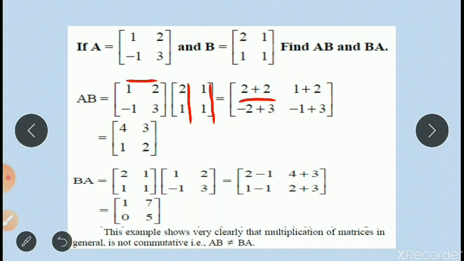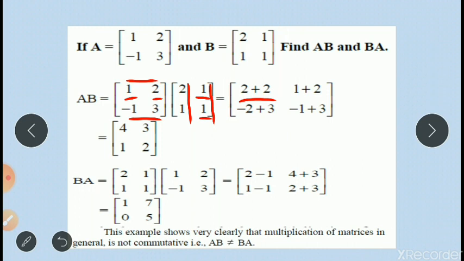Here we have to multiply the corresponding elements. 1 into 1, 1 plus 2 into 1, 2. 1 plus 2.